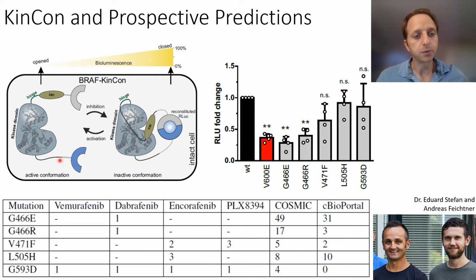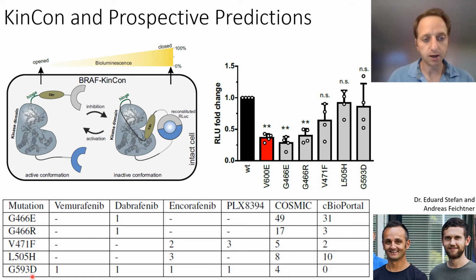And this biosensor works because these kinases have an active conformation, which is an open conformation, and an inactive conformation, which is a closed conformation. When the conformation is active or open, they measure very little light, but when it's inactive or closed, they measure a lot of light. So that measurement of light is a proxy for the enzymatic activity of these kinases.